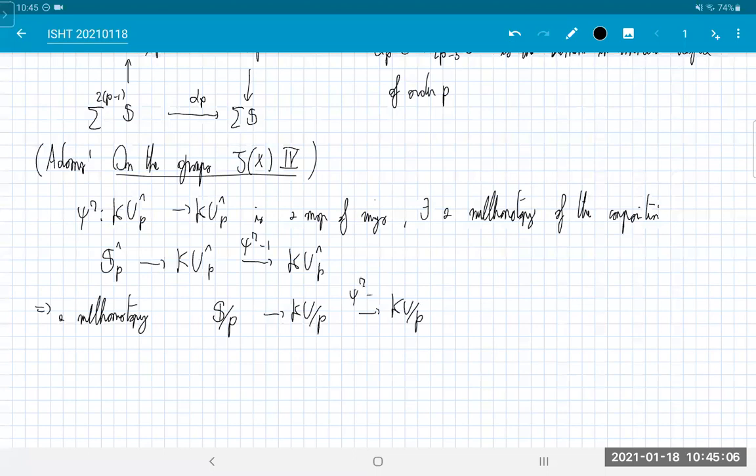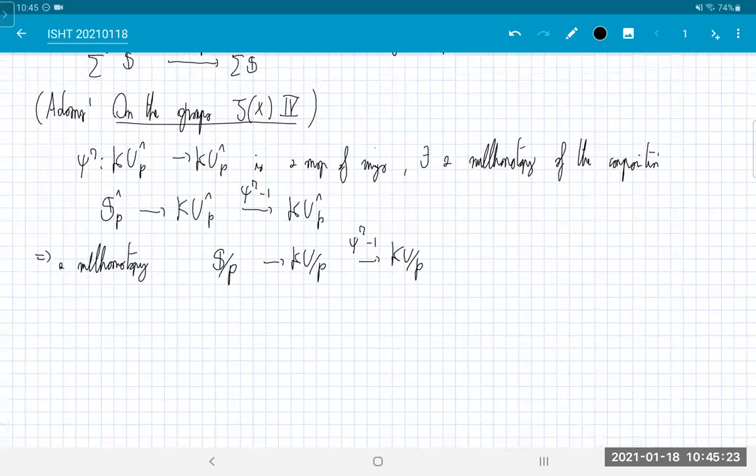But I'm going to keep calling this map psi r minus 1, even if S mod p is not a ring anymore. Careful, but I can still take the sequence above and take mod p. That's still allowed.